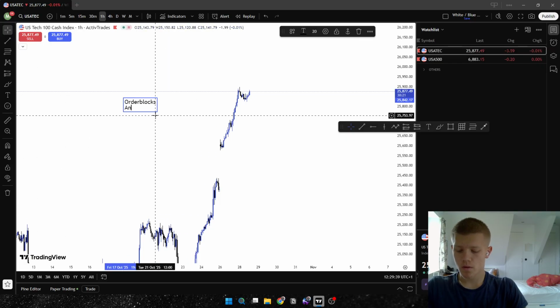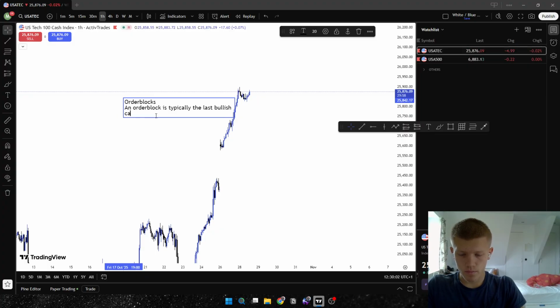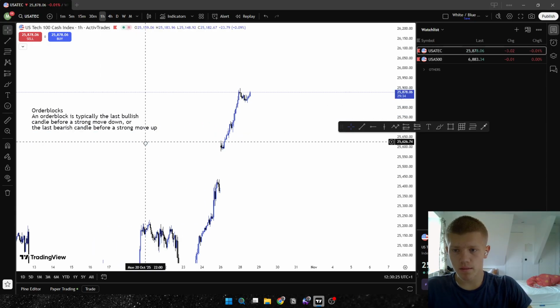An order block is typically the last bullish candle before a strong move down, or the last bearish candle before a strong move up. That's it.